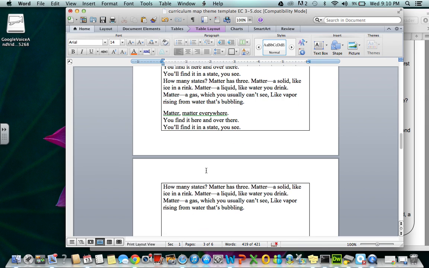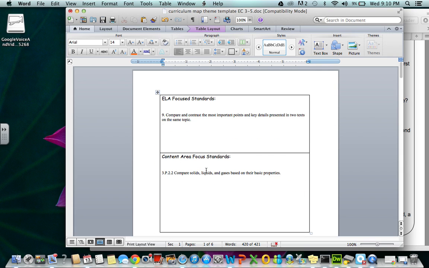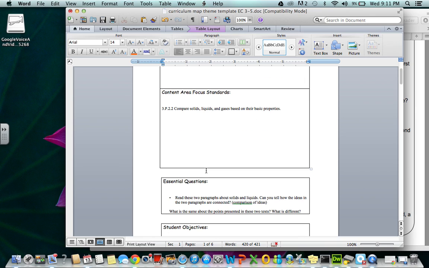So, in conclusion, what you would do when you're writing your integrated lesson plan is you're going to start with the ELA standard. Then you're going to pick out your content area standards. We just did science today. You could do science, you could do social studies, or you could do both. You could also do math. You could also do any other content area that you teach. And then you would write the essential questions based on your standards. Then write student-friendly objectives based on those essential questions.